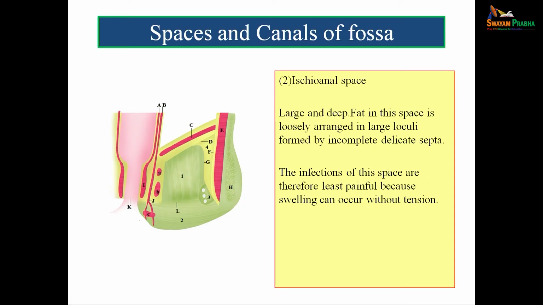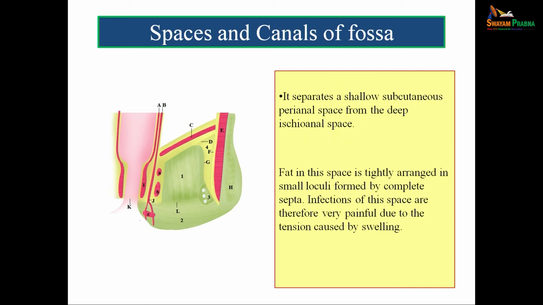So, the perianal fascia, we have seen that it separates the ischioanal fossa from the perianal space, and infections in the perianal space are very painful, while infections in the ischioanal fossa are relatively painless.